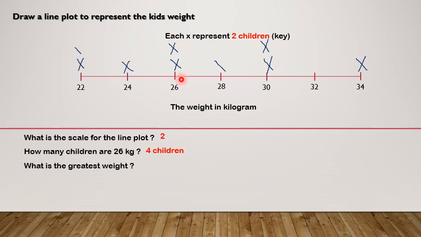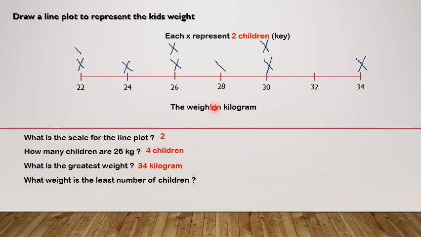What is the greatest weight? I will look at the weights I have here and see which one is the greatest weight. The greatest weight is the biggest one, 34 kilograms. What weight has the least number of children?